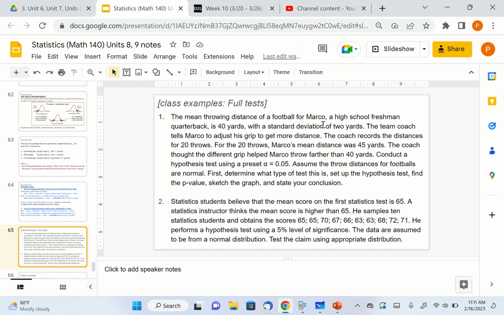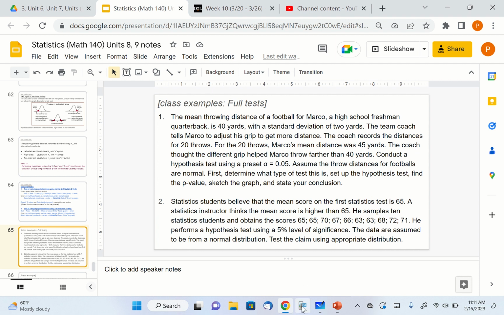The coach records the distances for 20 throws, and for those his mean distance came out to be 45 yards. So the coach thought the different grip helped Marco throw farther than 40 yards, conduct a hypothesis test at 5% significance level.